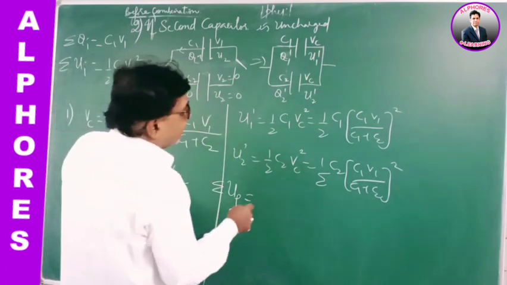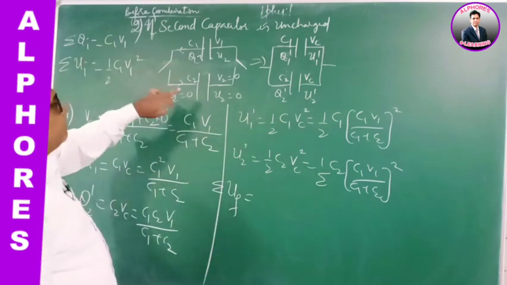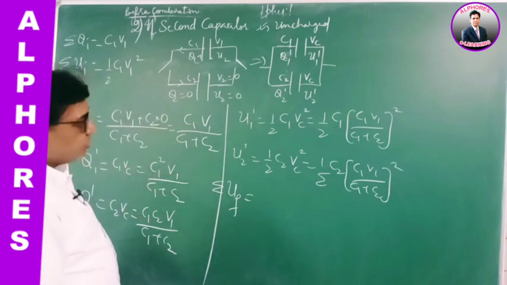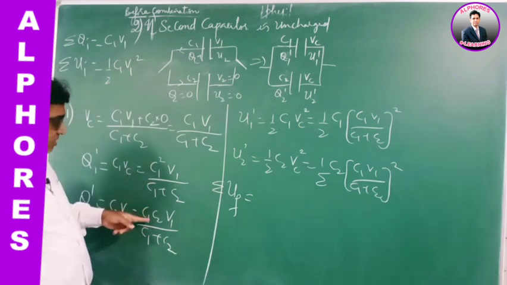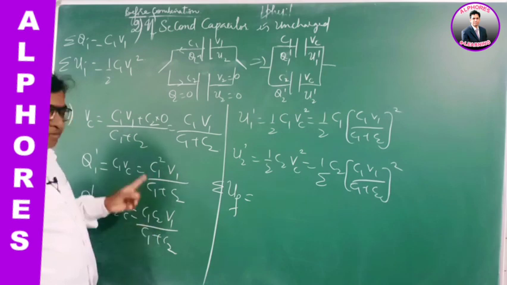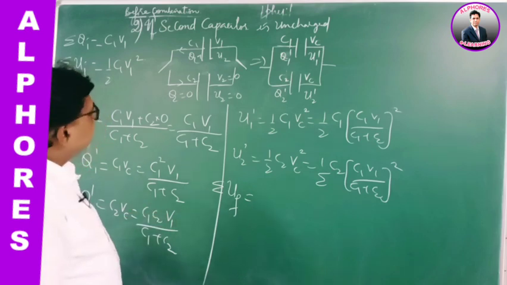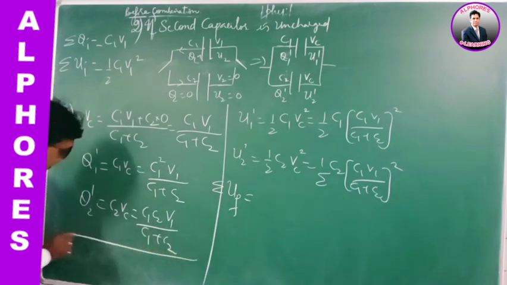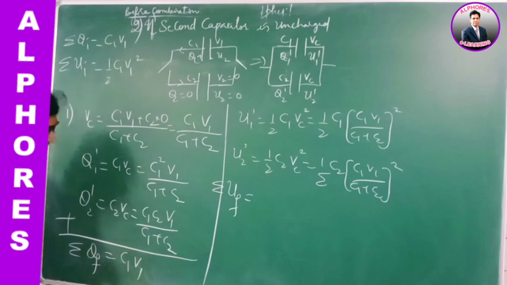After the connection, the charge remains constant, and C1 V1 is distributed between both. Adding both final charges, taking C1 V1 by C1 + C2 common, I get (C1 + C2) in numerator and denominator, which cancel. The total final charge is again C1 V1 only.